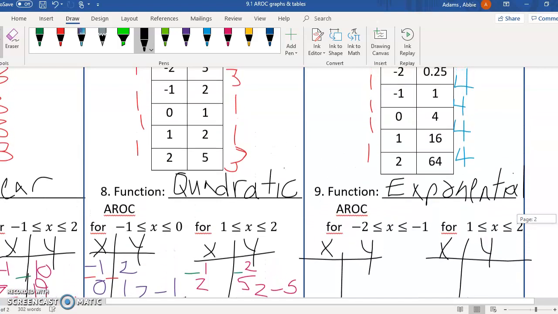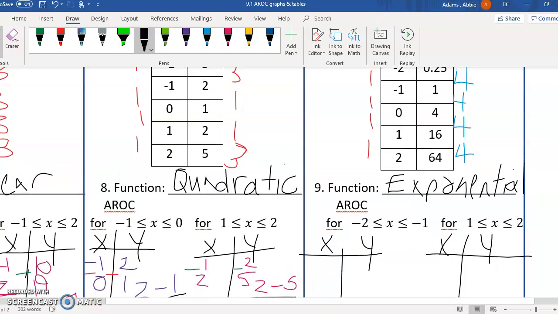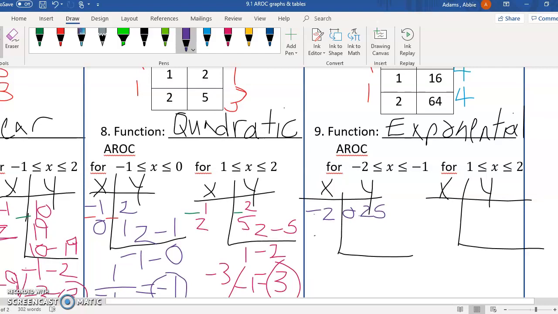All right, so let's look at these average rates of change for the different intervals here, just to see how they compare. If my x value is negative 2, my y value for this function is 0.25. I'm going to write that down in my t-chart. And then if I'm looking at where x equals negative 1, y equals positive 1. Let's find my differences. So we're going to have our change in y on top. So it's 0.25 minus 1. And then on the bottom, I've got negative 2 minus a negative 1.